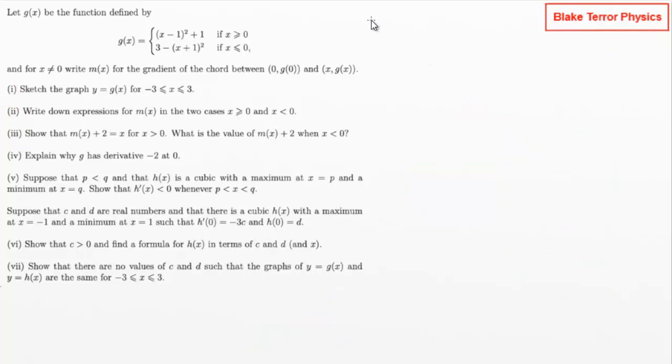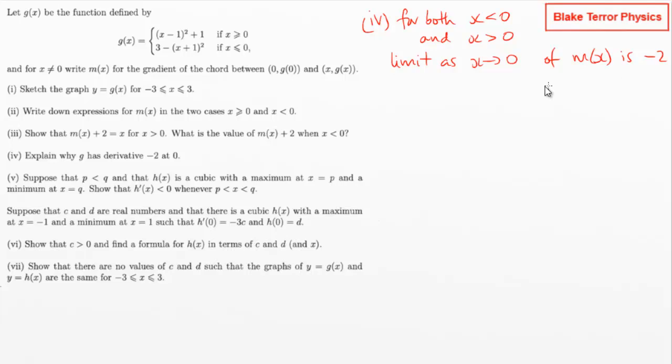So we can say for both x being less than 0 and x being greater than 0, the limit as x tends to 0 of m of x is minus 2, and that is because we're just moving in.